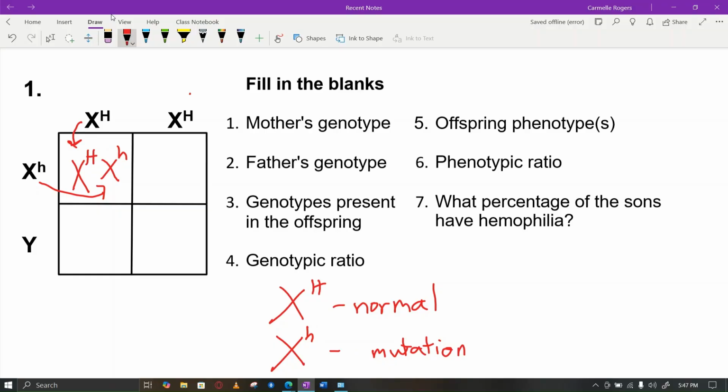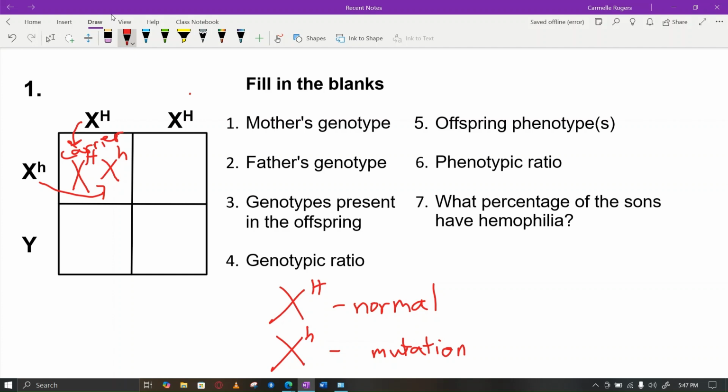They are female and heterozygous. So this individual is a carrier. As you may be familiar with, carriers are going to be heterozygous, hetero meaning different, and zygous meaning to join together. So joining together different types. One type would be normal, and one type would be the mutant or the recessive form.